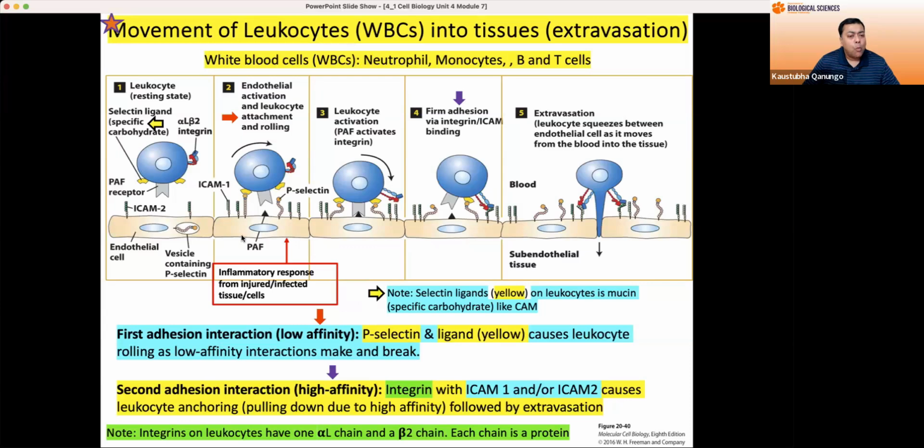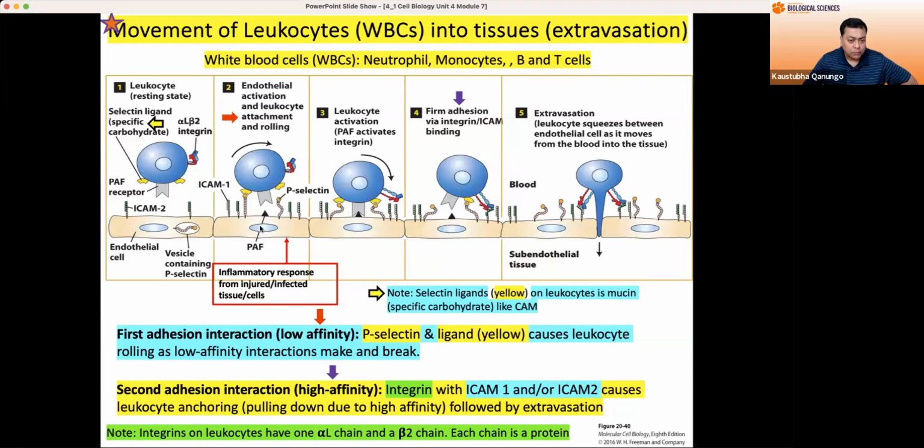Once they receive the signal, which is the inflammatory response from injured, infected tissue cells, pathogens, what happens immediately, there is some signal transduction that goes on into the cell that leads the p-selectins to be moved from the vessels to the surface. So these actually move all the way to the plasma membrane and they fuse with the plasma membrane. Now the p-selectins are on the surface of the plasma membrane along with ICAM1 and ICAM2, which were already there.